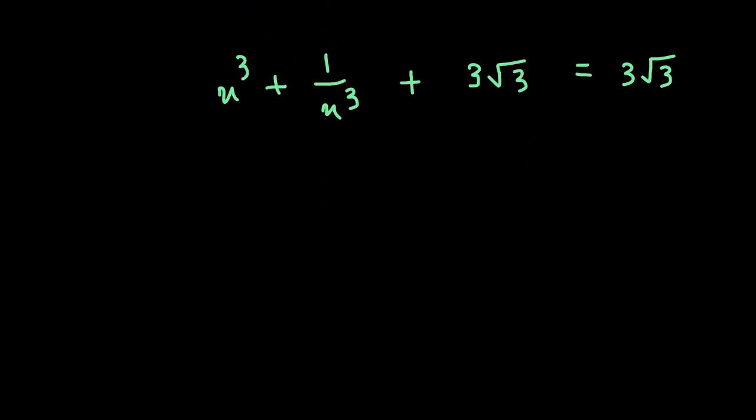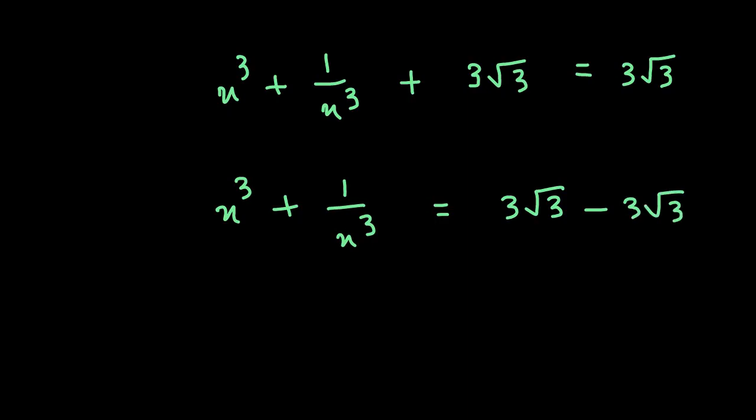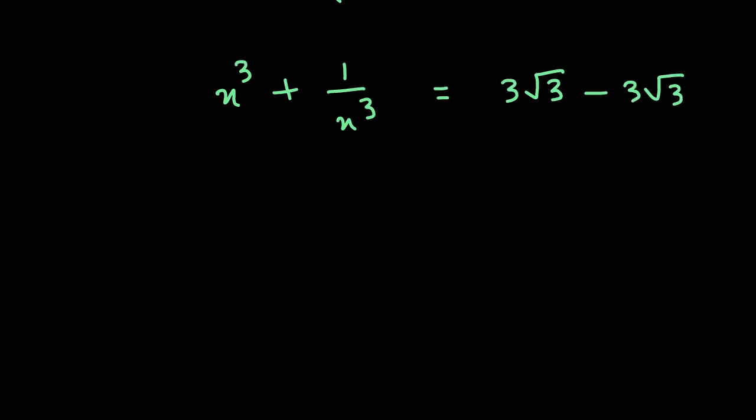Next we can take 3 square root of 3 on the right side and we can write x cube plus 1 by x cube equals 3 square root of 3 minus 3 square root of 3. Now we can simplify and we can write x cube times x cube is x to the power 6 plus 1 equals 0.